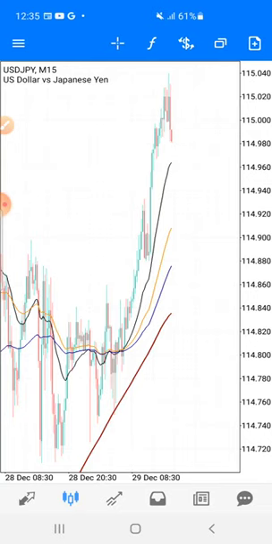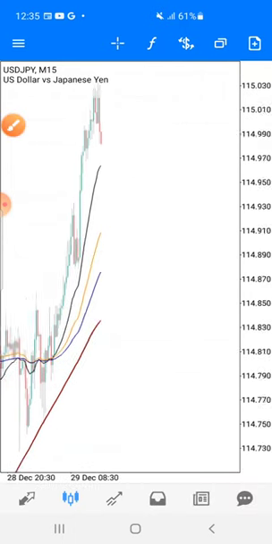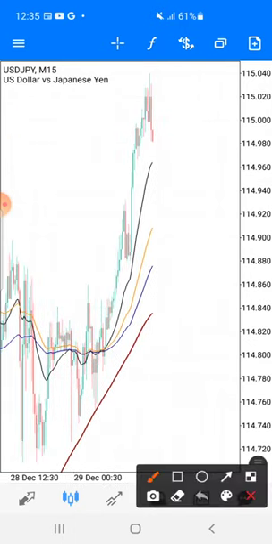Then the stop loss level is this one. That's why we added the 200 moving average. This simple moving average 200 is going to be our stop loss. Let's see what happened at this point. All the moving averages have been ranging here, kind of between the lines, but at this point they successfully crossed below the chart.